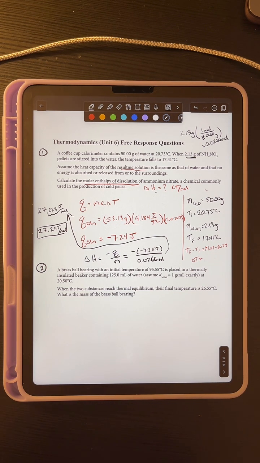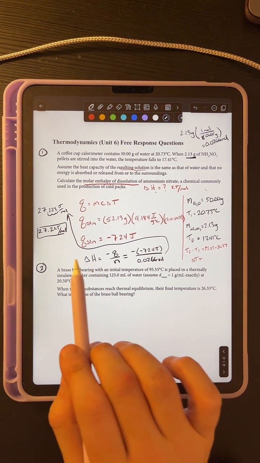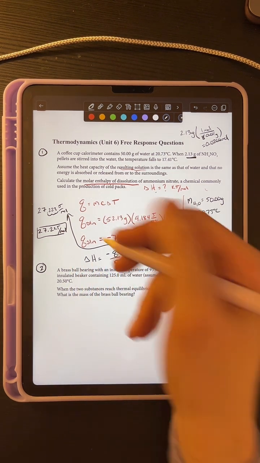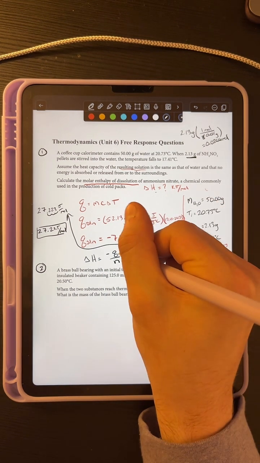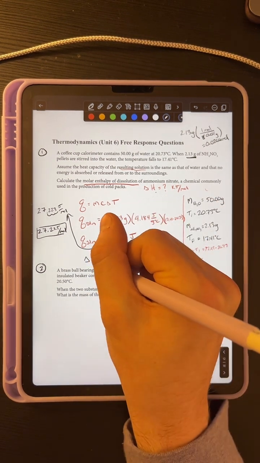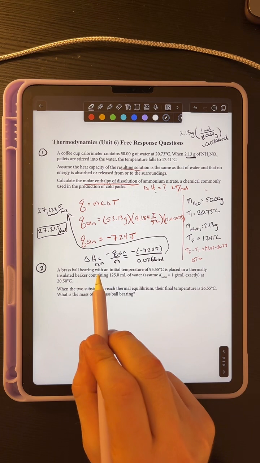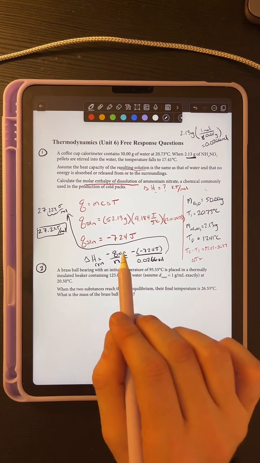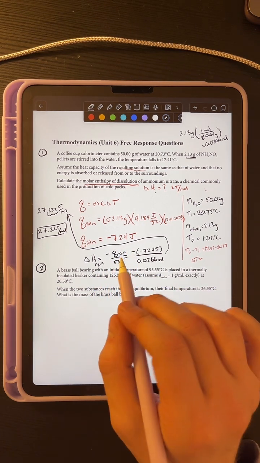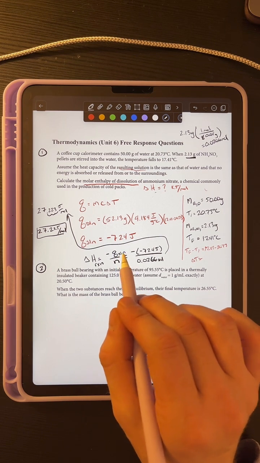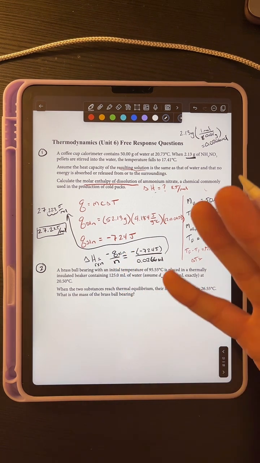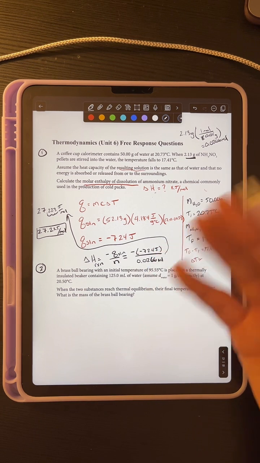Why is there a minus sign in front of this equation? Good question. So this is our solution, so Q solution. I should have written that there. We're looking for the molar enthalpy of our reaction. Our solution, that's our water and everything. That's what we can measure our temperature change.